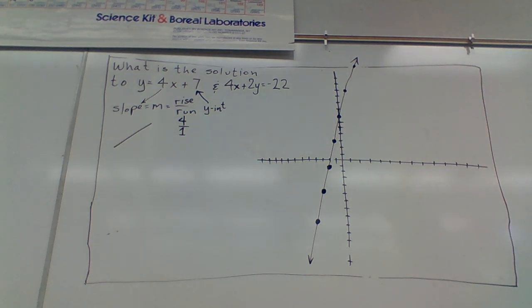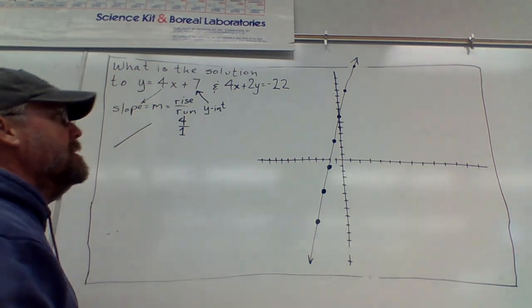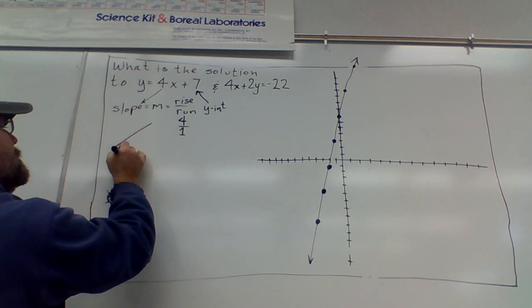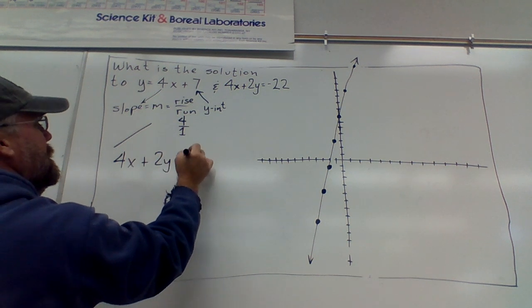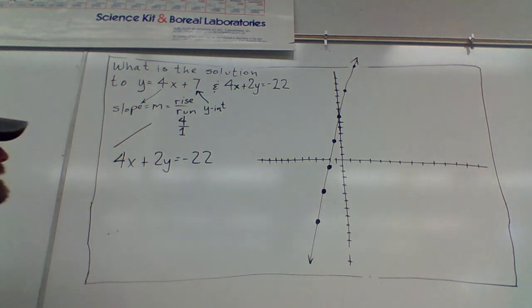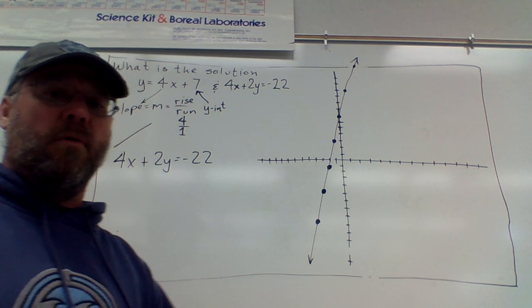Then we want to do 4x plus 2y equals negative 22. This one, again, we've got to get the y by itself and isolate the y, so solve for y.